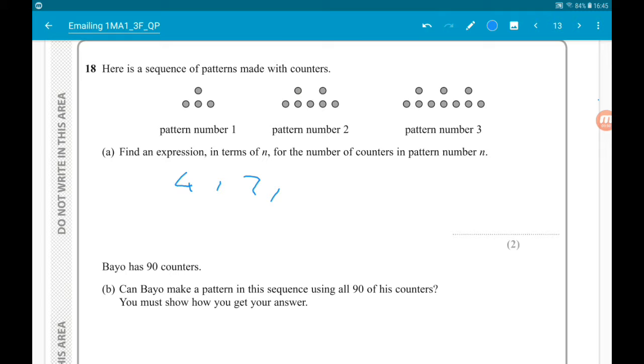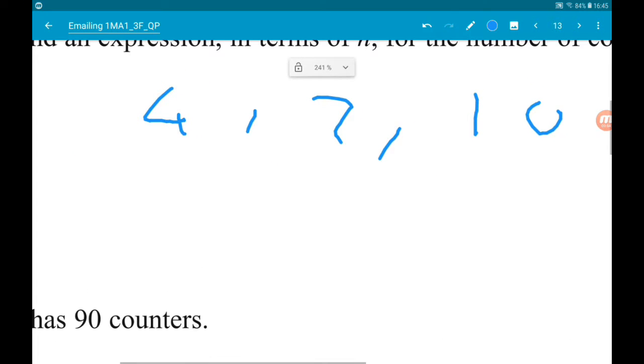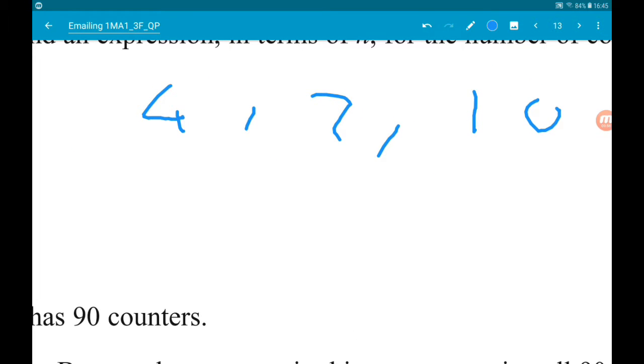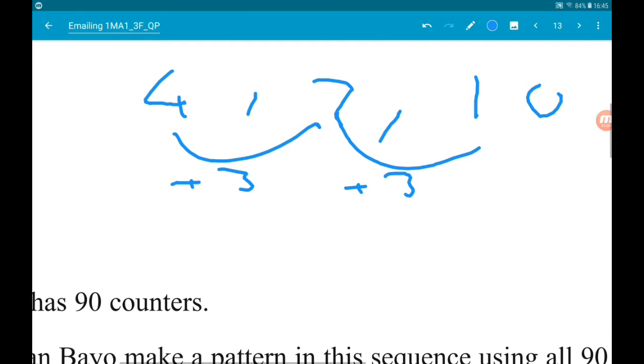So, the first step to finding nth terms is to find the difference. So we're adding 3 each time. So that means the sequence is something to do with 3n. Now, n is just the term number.